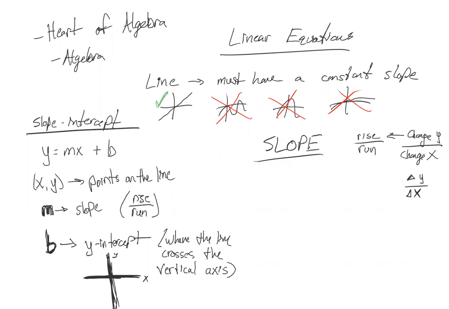Now we do have a formula for this, and it's a very, very important formula. If you ever see a collection of formulas you must know for the SAT and ACT, especially the SAT, it's the slope formula. If we want to calculate m, the slope, this is the formula: y2 minus y1 over x2 minus x1.